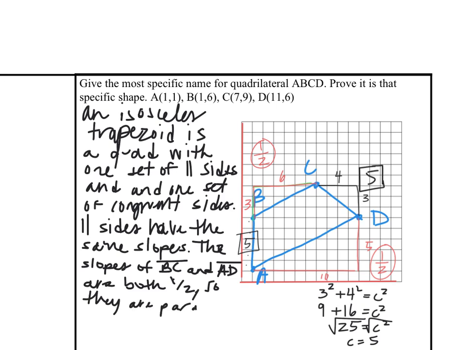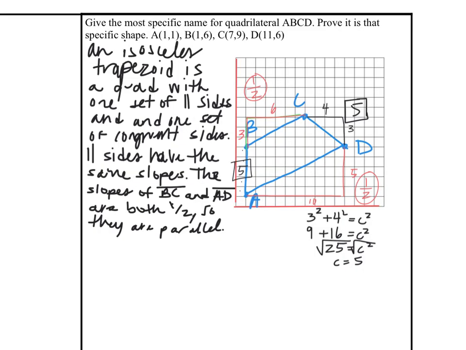Give me the actual number and then tell me what's true. Congruent sides are equal in measure. And then you're almost done. You just have to tell me the side lengths.